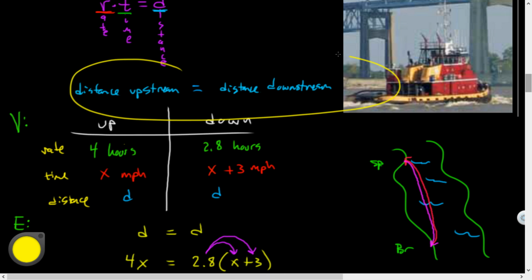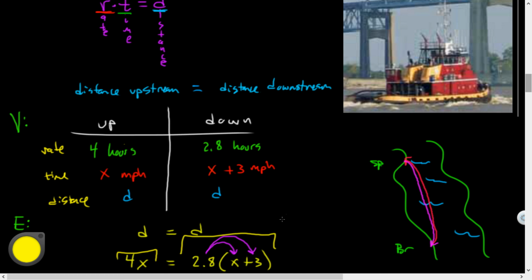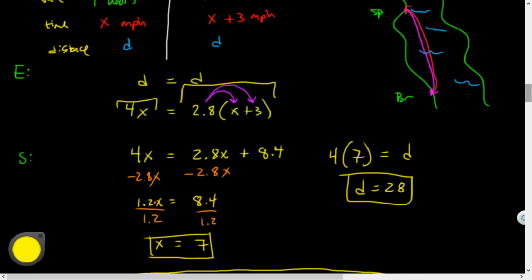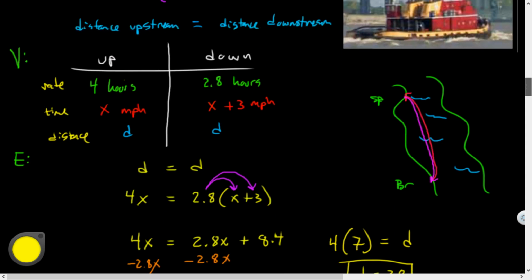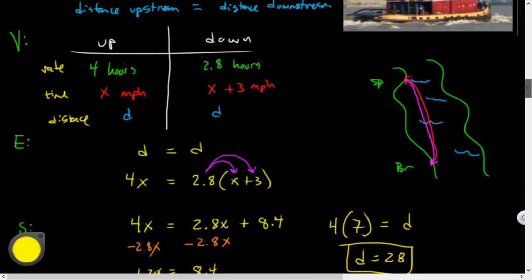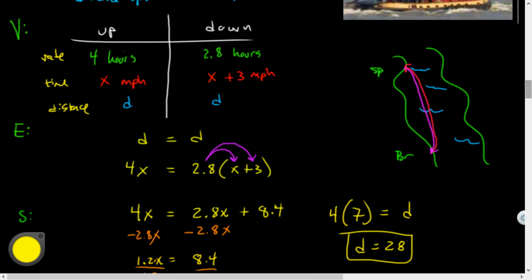We had to recognize that those distances were equal, and because of that, I could then set these two expressions equal to each other, and then the algebra showed up where we knew how to solve things. So it is a tricky problem, but hopefully with this example, you'll be able to do the one that you'll have tonight.